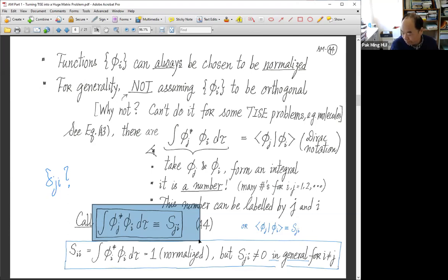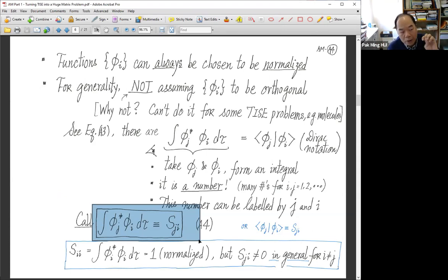However, at this point, I would not assume our chosen basis to be orthogonal or normalized. Normalization, yes, we can always do that. Let's say for the time being, I'm lazy. I don't want to normalize my basis set, but normalization poses no problem.